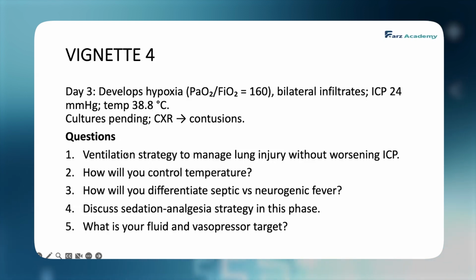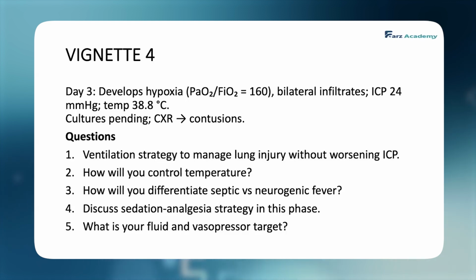So ventilation strategy to manage lung injury without worsening ICP. Again, in critical care, always in the ventilator strategy, be it lung injury, ARDS, or trauma, always utter lung protective ventilation, low tidal volume, high PEEP, and maintain FiO2 to maintain SpO2 more than 92%.